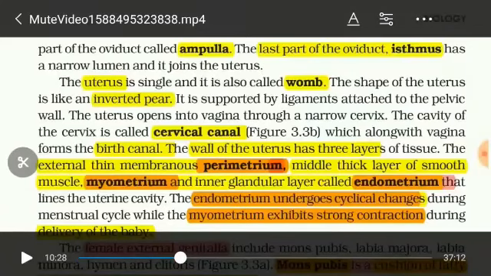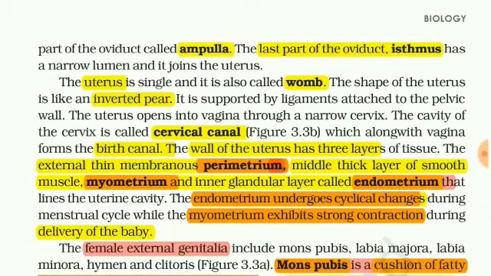The female reproductive system consists of various parts. In the last class I explained them one by one. Now, the ampulla and isthmus form a tube which carries the ovum to the uterus, and the uterus is single, only one uterus is present, otherwise known as the womb.